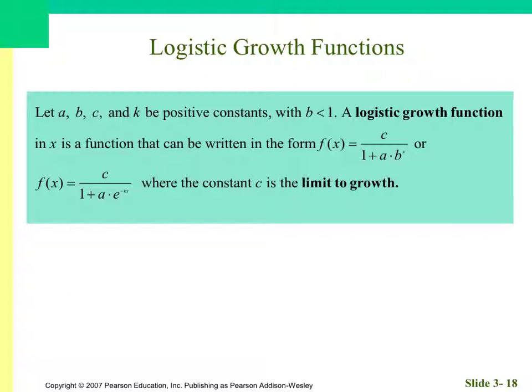So, where c is the constant and the limit to growth. So, get your calculators out. I'm going to show you what this means. f of x equals 3 divided by 1 plus, it says b is less than 1, so 3 times 1/2 to the x. Okay?